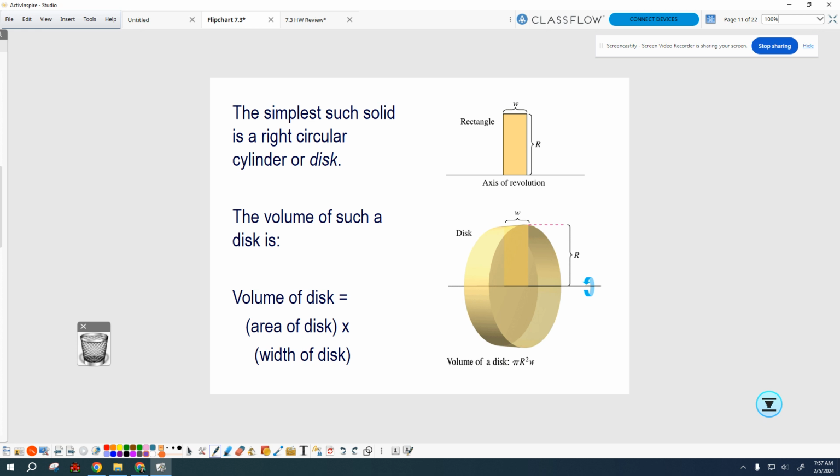Just like the Play-Doh problems, we're going to find the area of the cross section. If it's a thing spinning around a stick, what's the area formula we need? The area of a circle, so it's always going to be pi r squared.